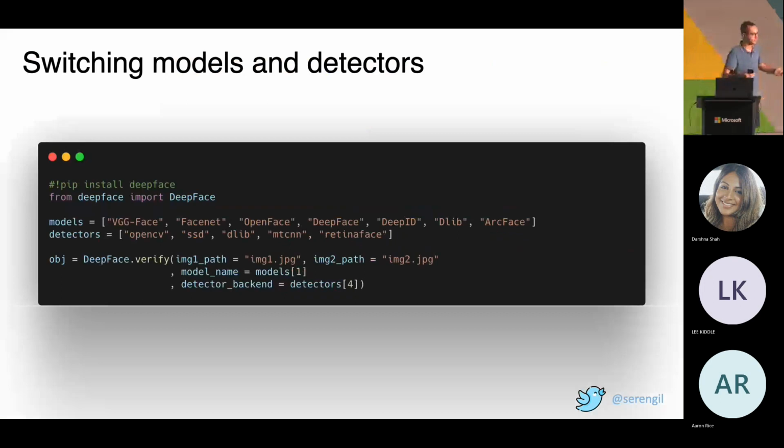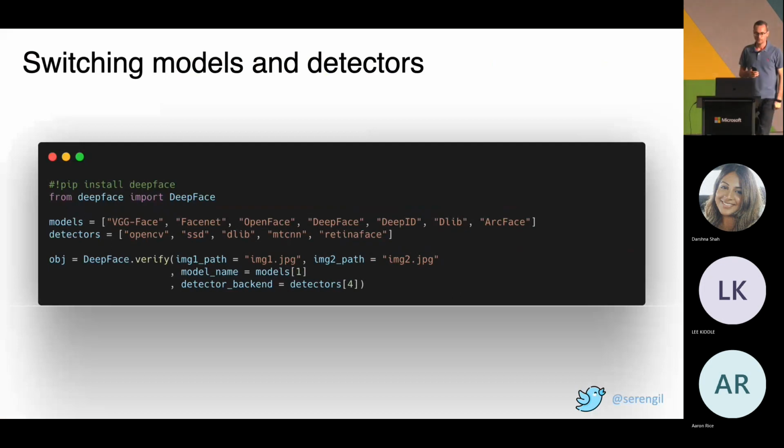As I mentioned, there are lots of state-of-the-art facial recognition models, and Deepface wraps all of those models in the background. Currently, there are 8 models wrapped by Deepface. I forgot to add SFace here, for example. And there are also many facial detectors. You are able to specify them with those optional arguments. For example, here, if I haven't passed anything, it's going to use VGG-Face, but here I want to use the FaceNet model to recognize faces.